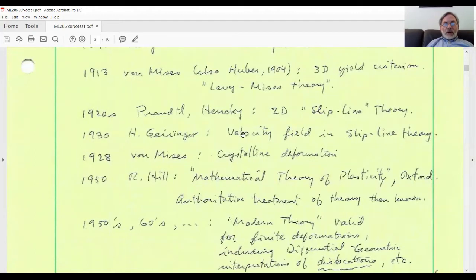A little bit later, a woman named Hilda Geiringer discovered the equations that describe the velocity field associated with the so-called slip line theory, thus providing closure for this theory.